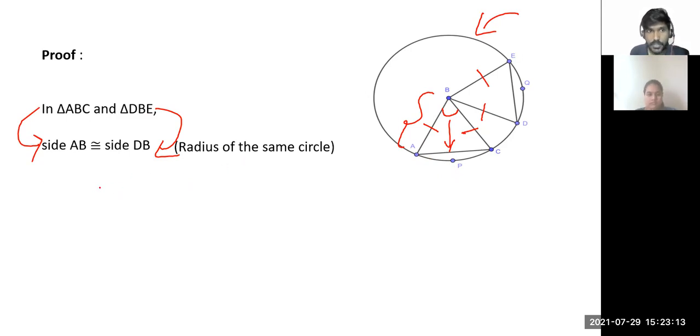Look at arc APC. Which is the central angle corresponding to arc APC? It is angle ABC.